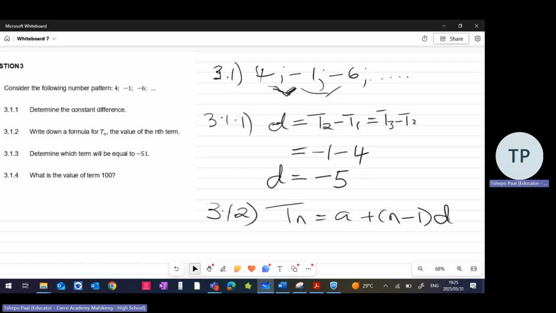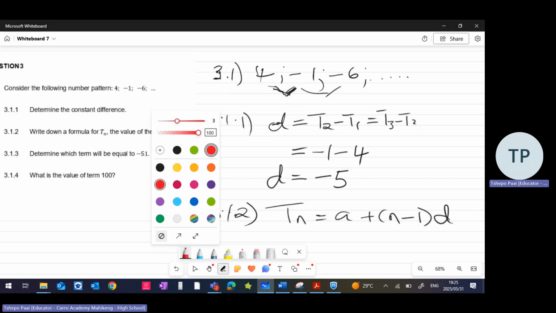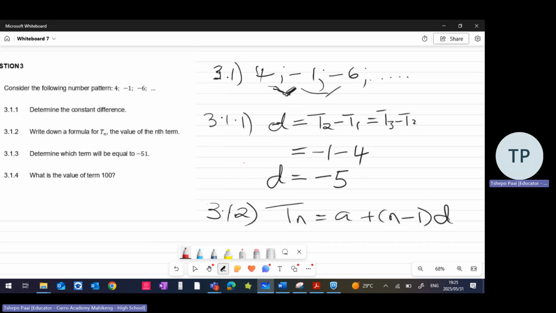Allow me to use colors. Let's say now our a, what did I say a is? A in this formula is the first term of the number pattern. Always it is your a. Then what did I say?